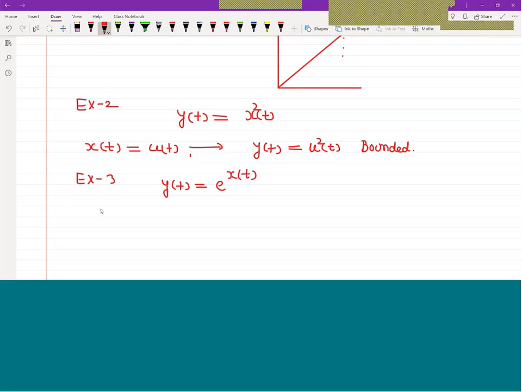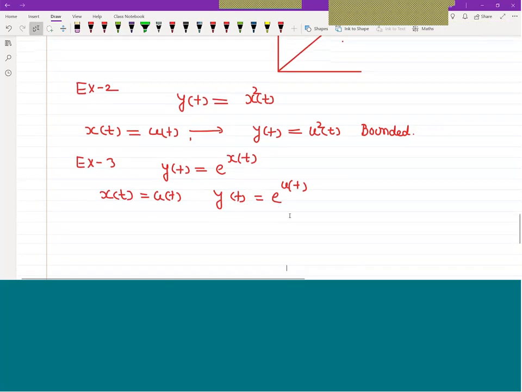If you take x of t equal to u of t, then y of t is equivalent to e to the power u of t. So you can write e to the power u of t in two parts: for t less than 0, it's e to the power 0, and for t greater than 0, it's e to the power 1.